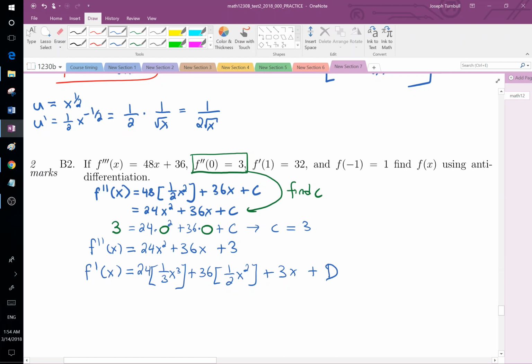And then clean it up. We're going to have that f prime of x equals 24 over 3, that's 8, x to the 3, 36 over 2, that's 18, x to the 2, plus 3x plus d. So we're going to use the condition on the first derivative to find d.